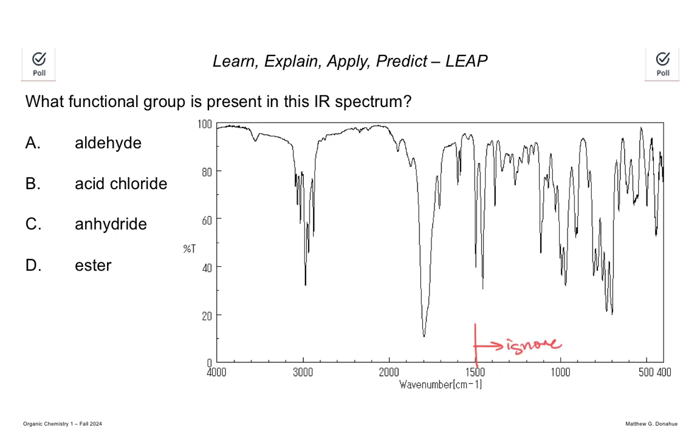So on the next one, again, anything below 1500 we ignore. If we count 1600, 1700, 1800. So region 3, again, we're looking between 1800 and 1600.